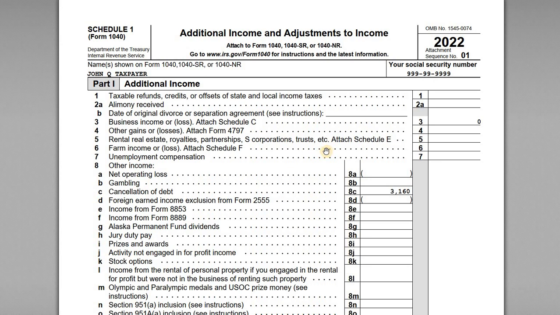If there was no exclusion, then the total amount of cancellation of debt would be included in income on Schedule 1. So on line 8C here, we can see there is a cancellation of debt line item. Now, you'll notice that that's not the full $9,500, right? Because John is going to claim an insolvency exception. But if you were in the scenario where you couldn't get an exclusion, you would just report all of that 1099-C here on 8C. But John, again, is going to get an exclusion.